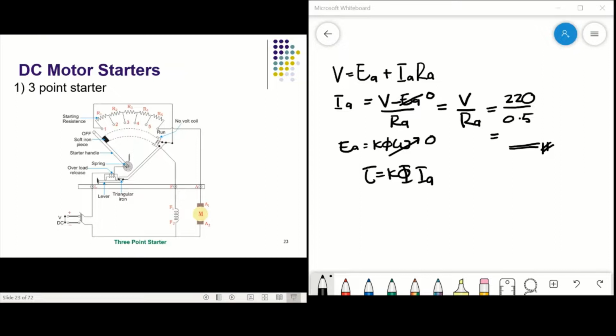However, to overcome this drawback, a brass or copper arc may be employed within a 3-point starter, which makes a connection between the moving arm and the field winding.